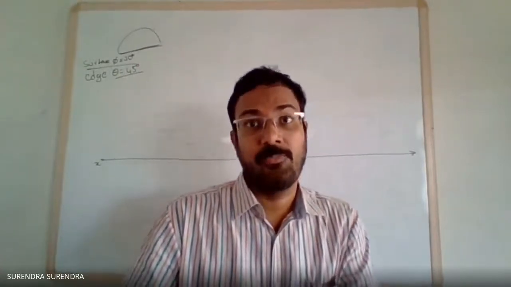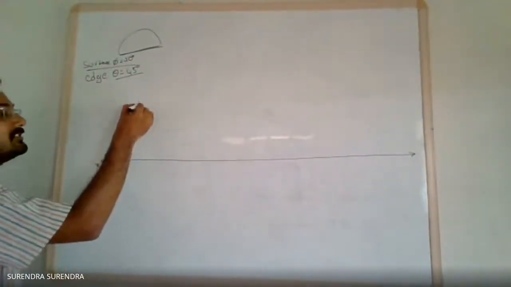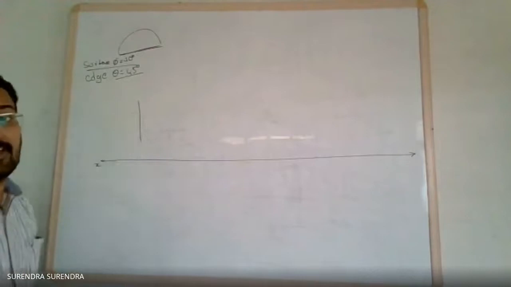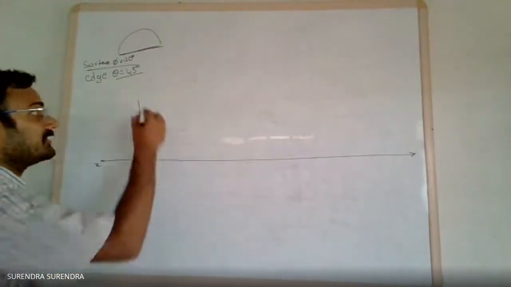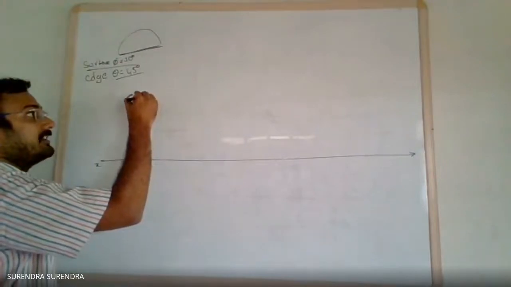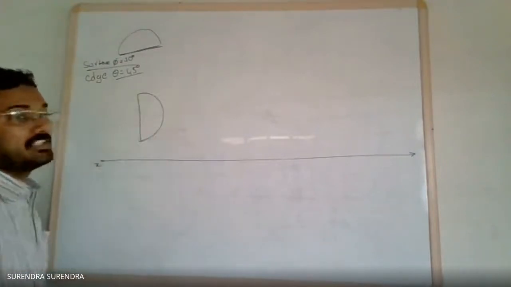So in the front view, draw the semicircle with the edge perpendicular to the XY line. Draw the diameter line perpendicular to the XY line, and based on this diameter line, draw the semicircle.